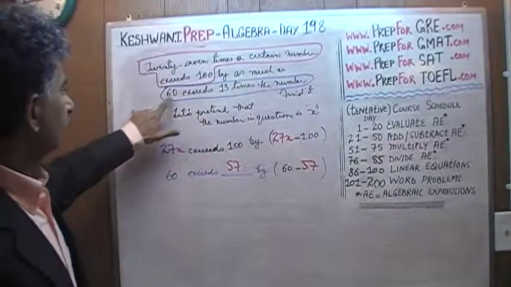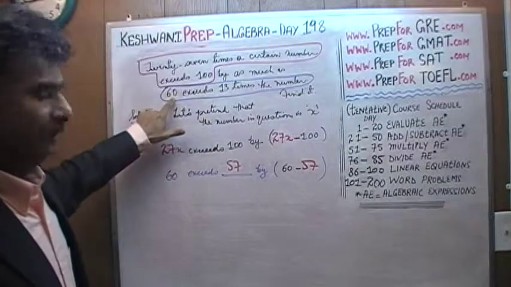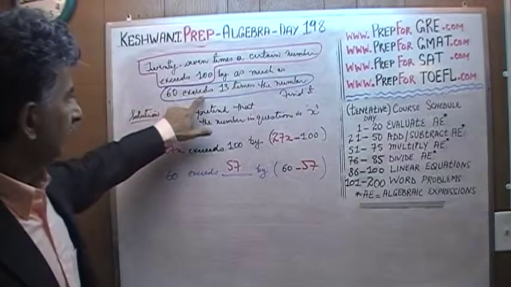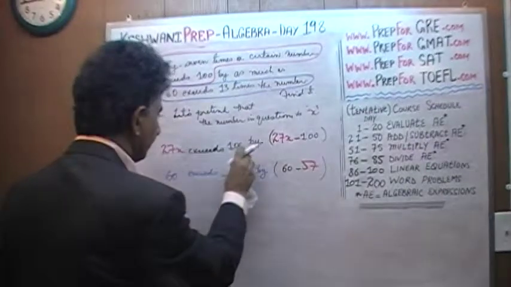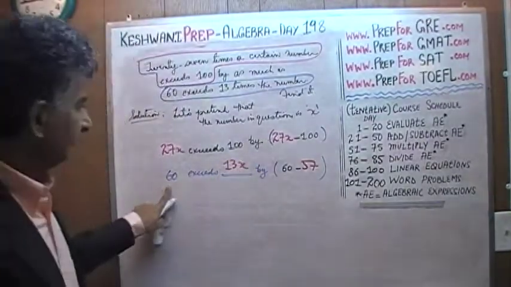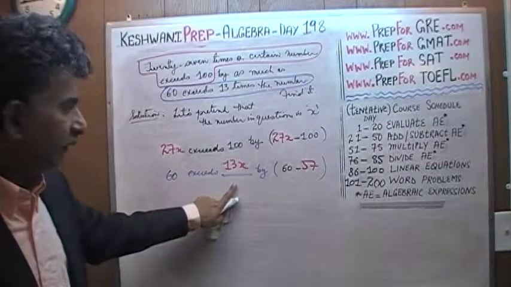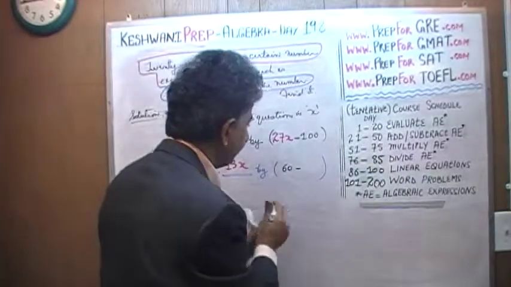Here what we have to do is show the amount by which 60 exceeds 13 times the number. So 60 exceeds 13 times this quantity by 60 minus that quantity.